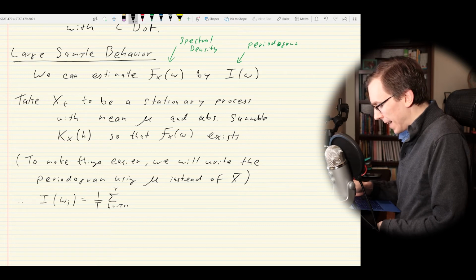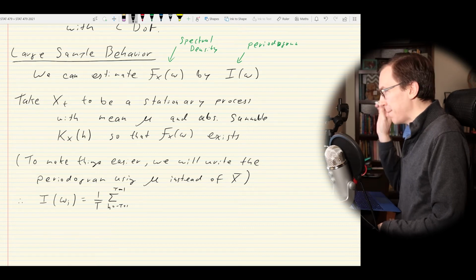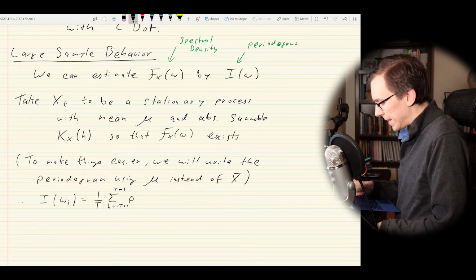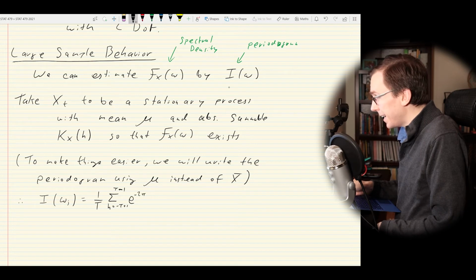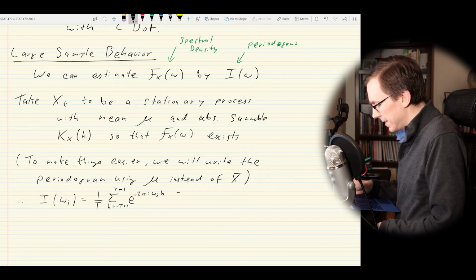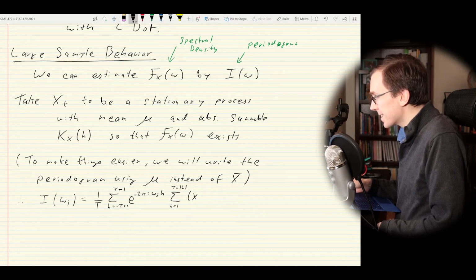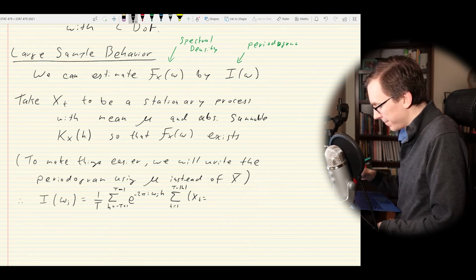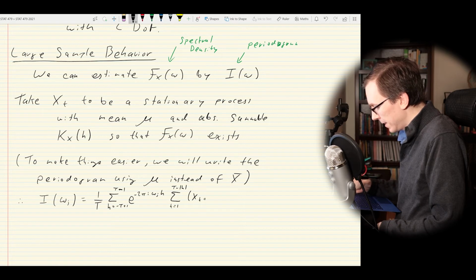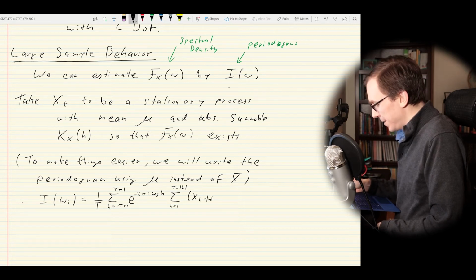Anyway, I'm going to write this out as we did before: the sum over h from minus T minus 1 to T minus 1, e to the minus 2 pi i omega_j h, and the sum, now t from 1 to capital T minus h, of (x_{t+h} minus mu)(x_t minus mu), with mu instead of x bar at this point.